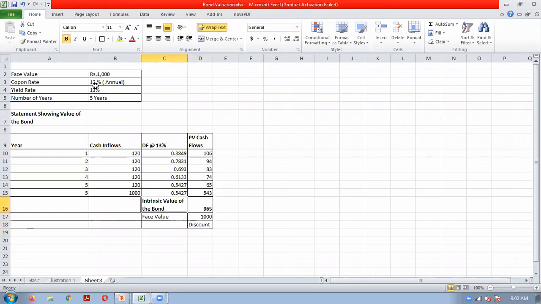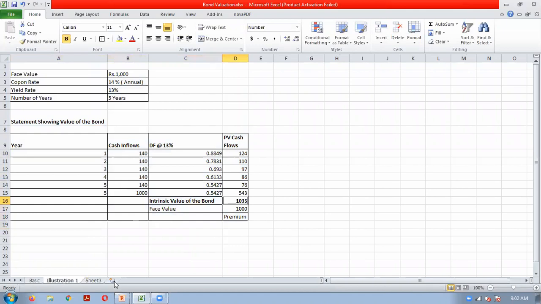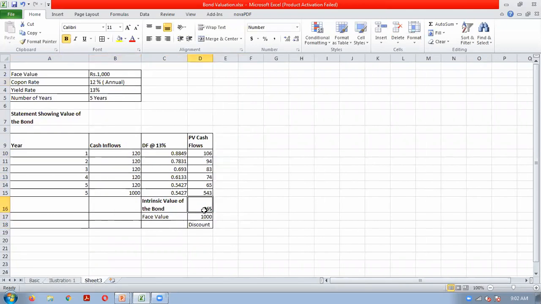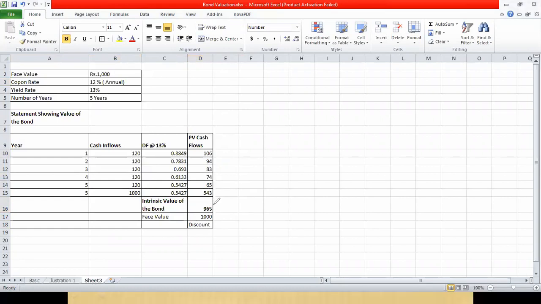Now by changing just the coupon rate, your bond which was previously traded at premium has automatically become one at a discount. See, if we compare these two, face value and the intrinsic value, the intrinsic value became less than the face value. Now the bond became traded at discount by changing only one parameter.